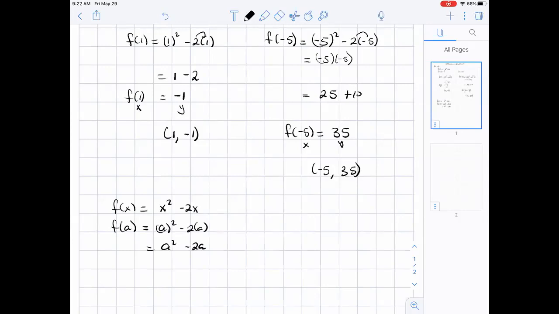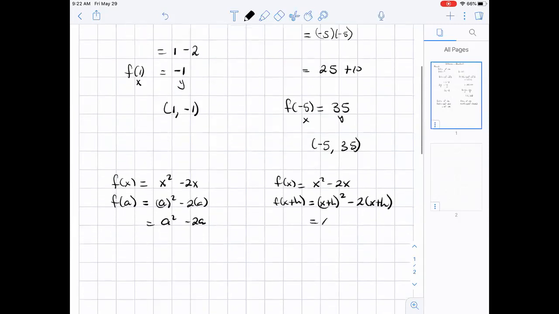Or if I tell you that f of x is equal to x squared minus 2x, and I ask you what is f of x plus h, then it means replace all your x values with x plus h. So this becomes (x plus h) quantity squared minus 2 times (x plus h).